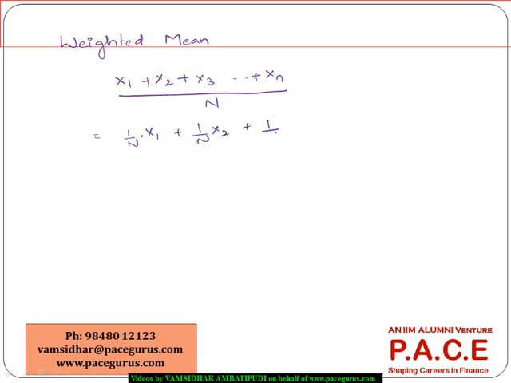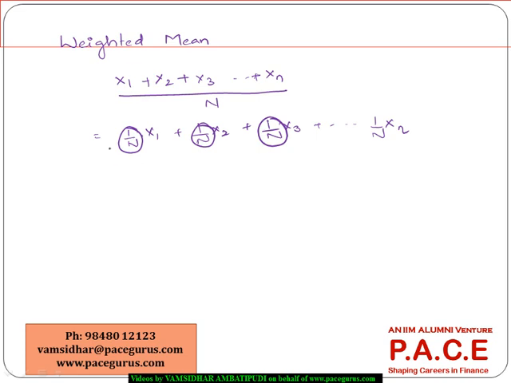So when the weightage given to each of the numbers is uniform, we call it a plain average.